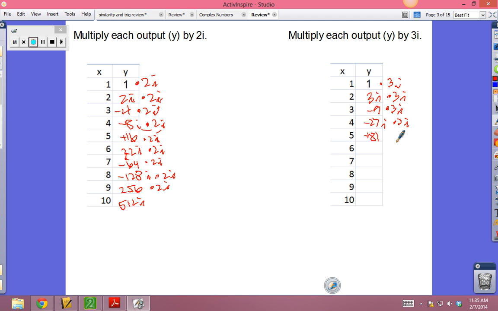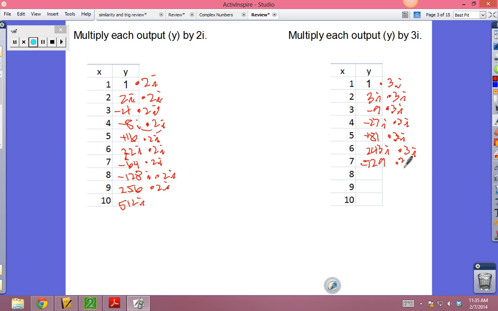So 81 times 3i is going to be 243i. 243i times 3i. 243 times 3. Now the numbers are starting to get kind of big. 729. But it's going to be negative 729.